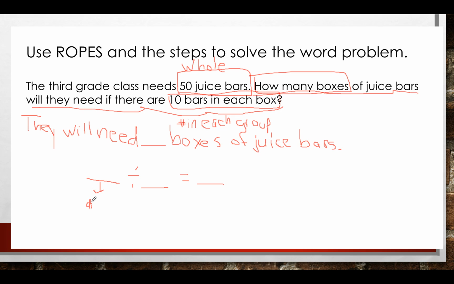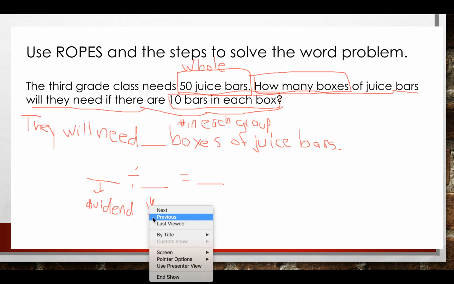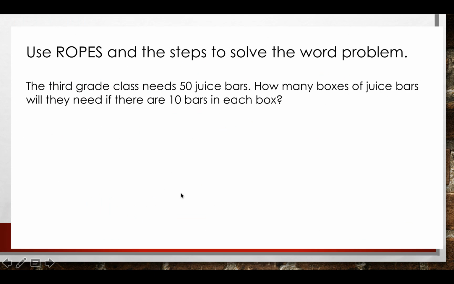And the dividend tells us the total amount of something. Then our second number that we write is called the divisor. And the divisor tells us the number of equal groups. Sorry about that. The number of equal groups. It erases every time I go back.